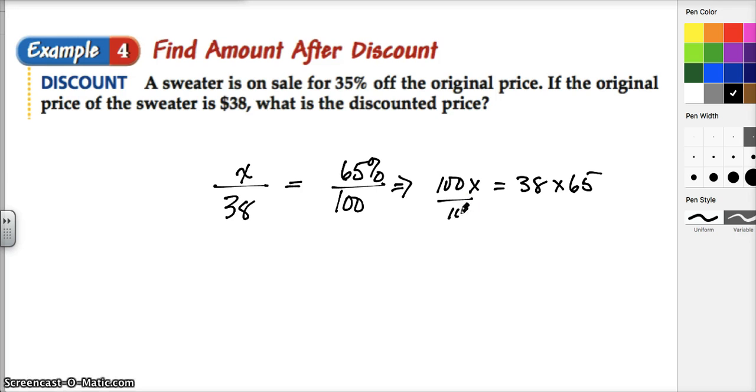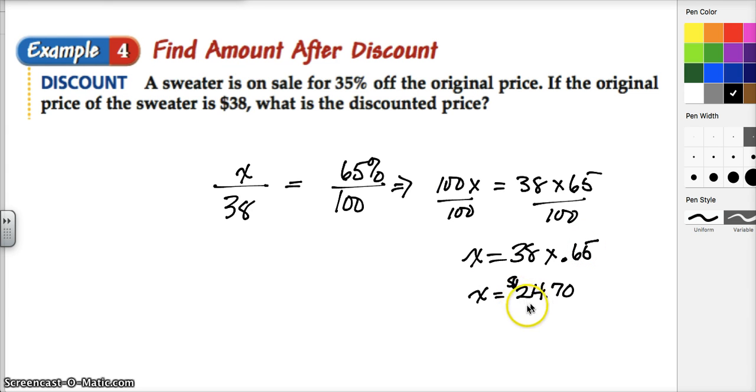I'm going to divide both sides by 100. Then I get that x is equal to 38 times, well, 65 divided by 100 is 0.65. And so this is going to give me $24.70.